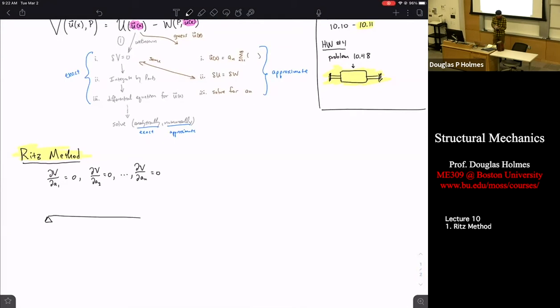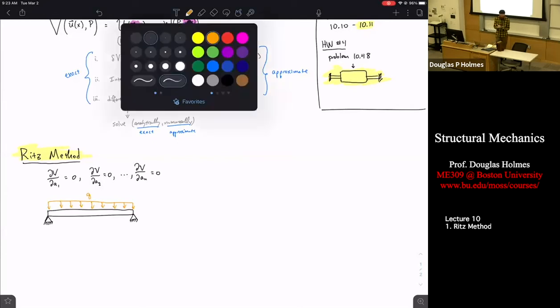It's a simply supported beam under some distributed load Q, a uniform distributed load. We're going to solve this problem twice.